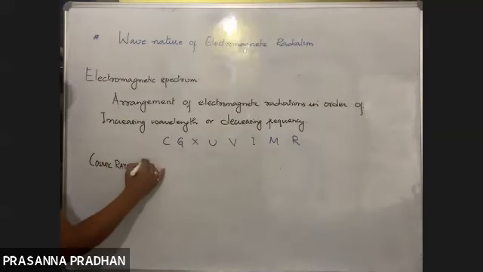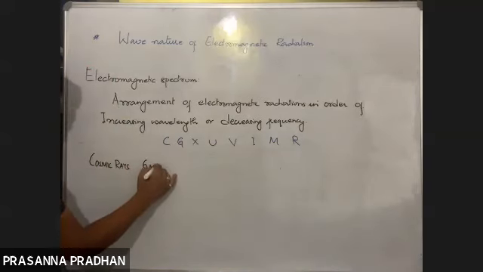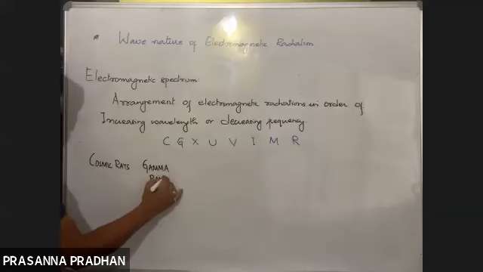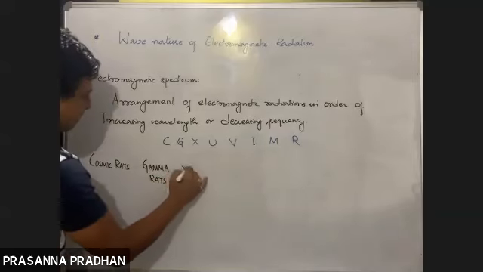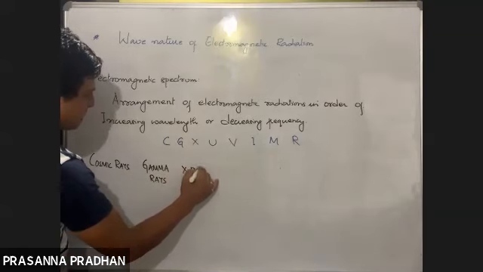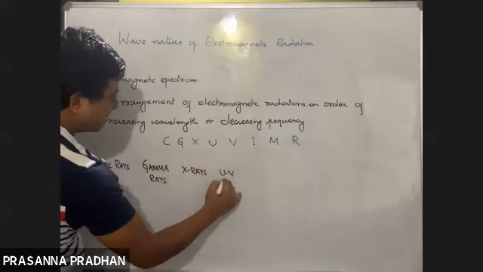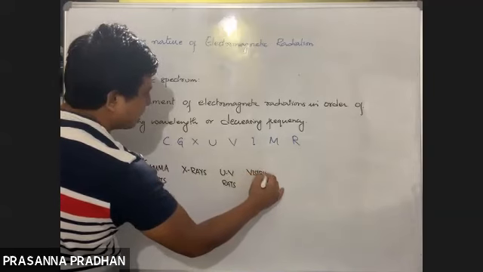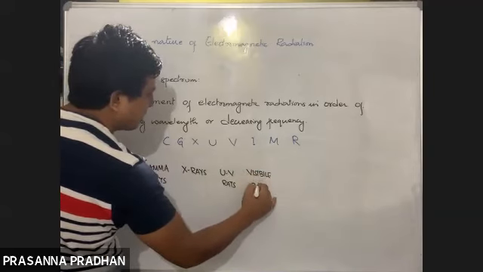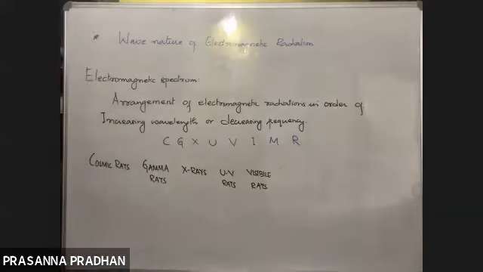G stands for gamma rays. X stands for X-rays. U stands for ultraviolet rays. V stands for visible rays. What does I stand for?